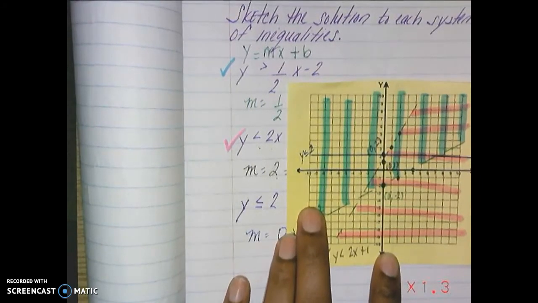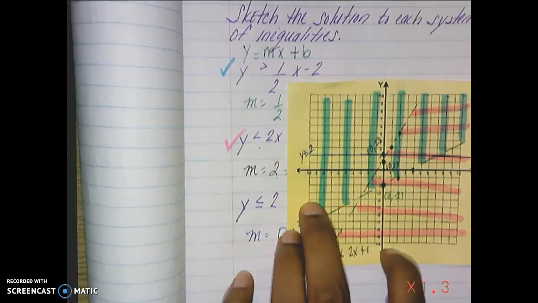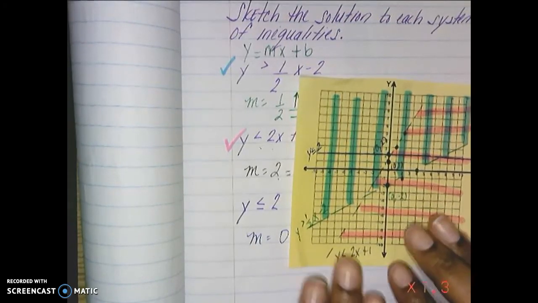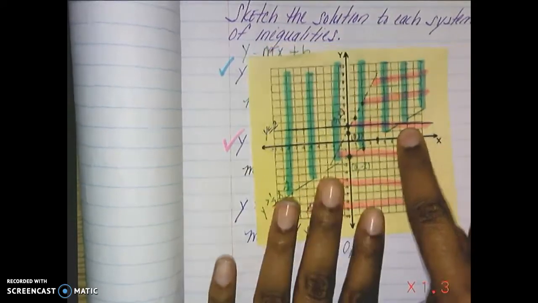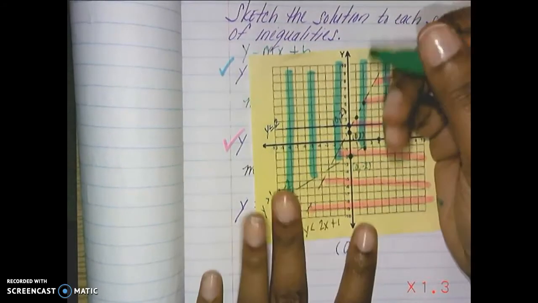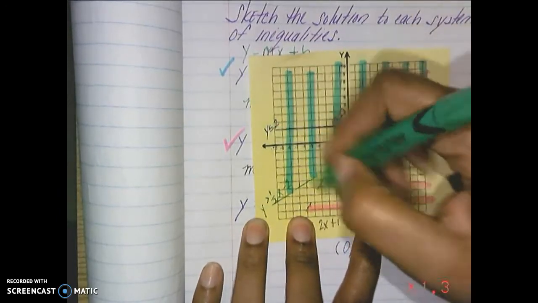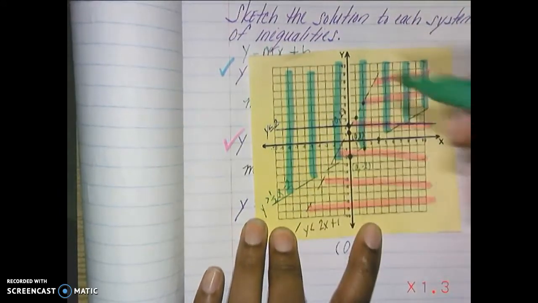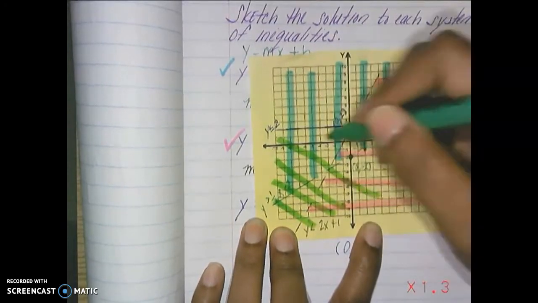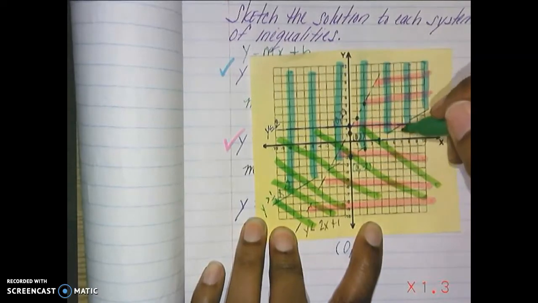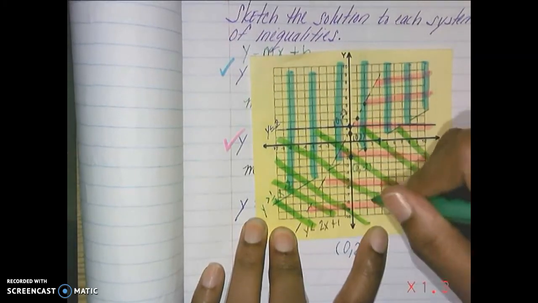Okay. Now, let me pause it so I get another highlighter. Okay. So now what you got here, this is my line where y is less than or equal to 2. And so it's going to be all of this section that's going to be below. So I'm going to do this one at a diagonal. Okay. It's going to be everything that leads up to that line that we just drew up in blue. Okay.